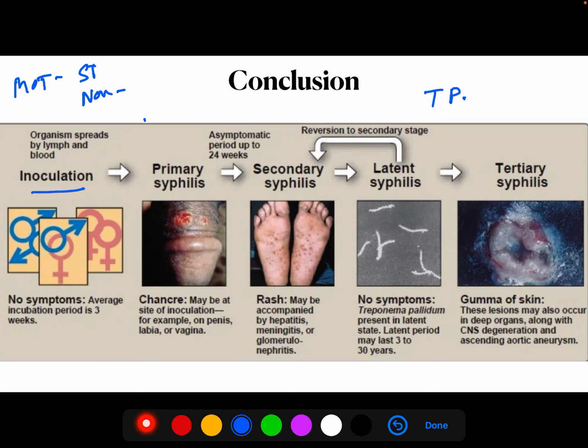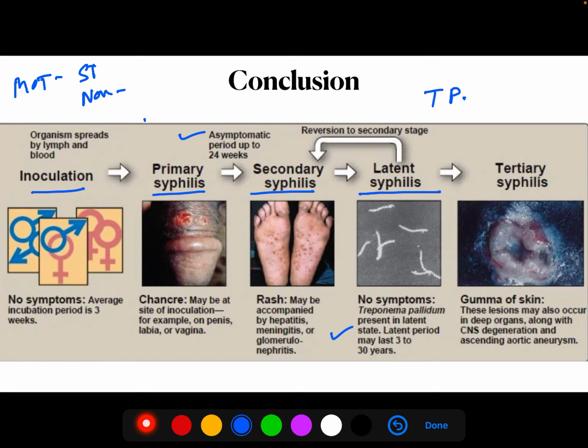After the inoculation, primary syphilis develops, which is followed by an asymptomatic period, and then secondary syphilis, which is again followed by latent syphilis, where there are no symptoms, and the treponema is present in the latent stage where clinical symptoms are absent. And this is followed by the fatal or morbid conditions such as tertiary syphilis, which is characterized by gumma, neurosyphilis, or cardiovascular syphilis.